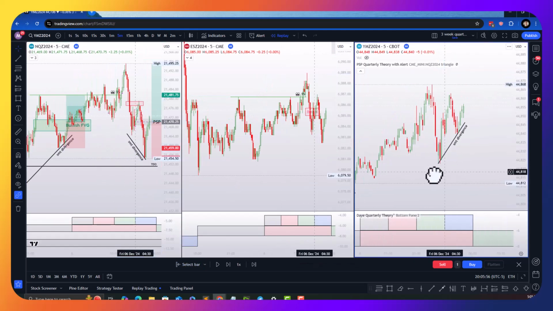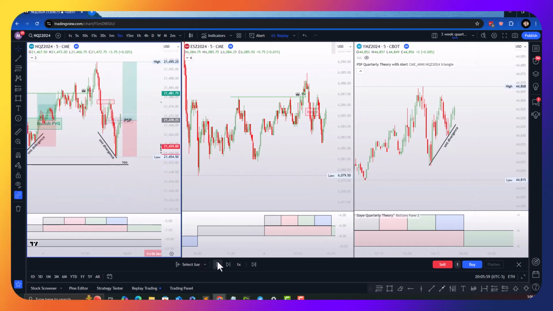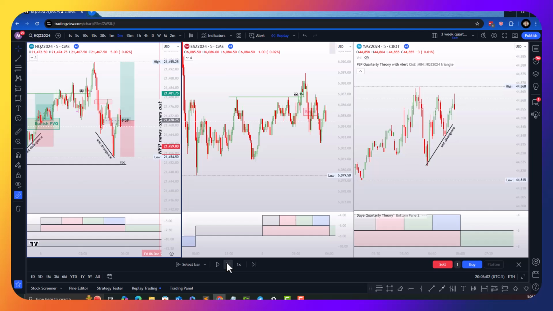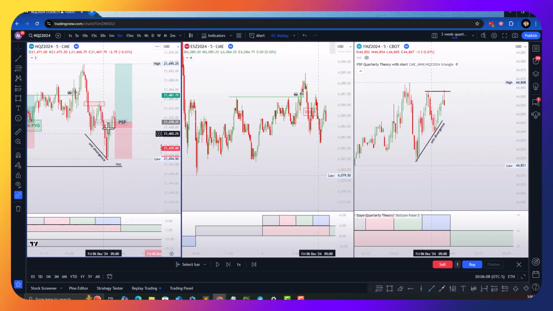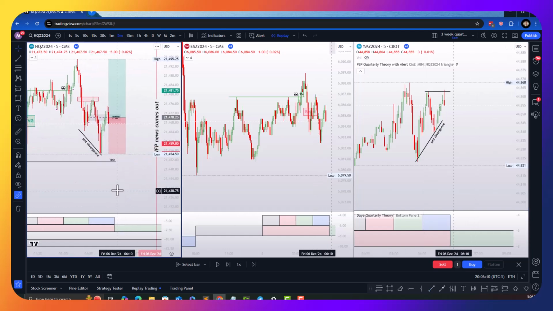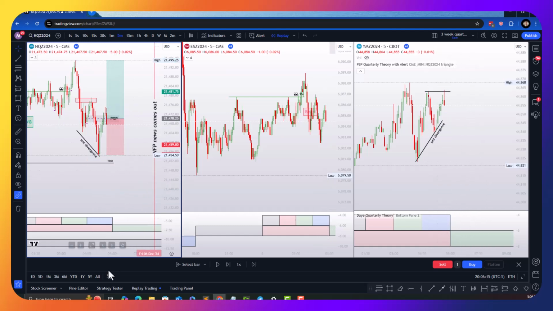Okay, we had our sequential SMT. Well, let's concentrate on what happened on YM. How far up did we get? Okay, it took this high here. We did not form any PSP candles, so that's a thing. That's some way we could avoid this, is to wait for a PSP candle.